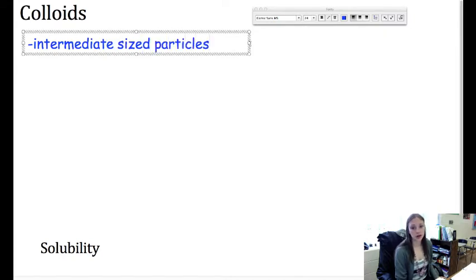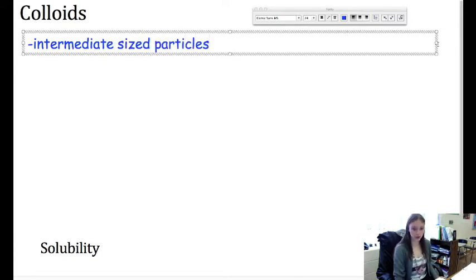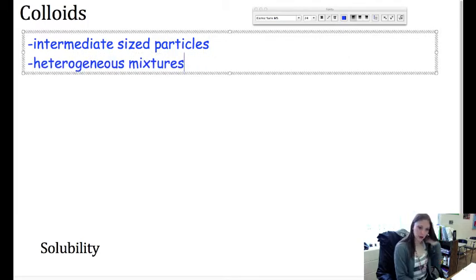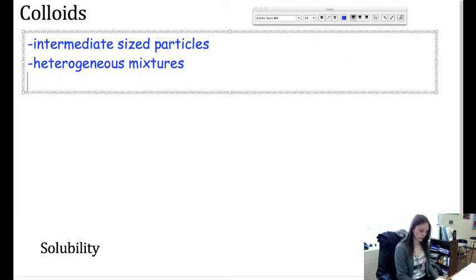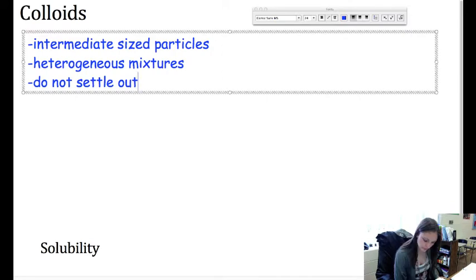These are not homogeneous solutions, they are heterogeneous. Okay, these particles do not settle out. So they're not that large, but they are big enough that they are not actually a solution.